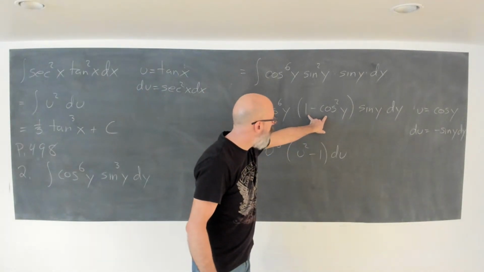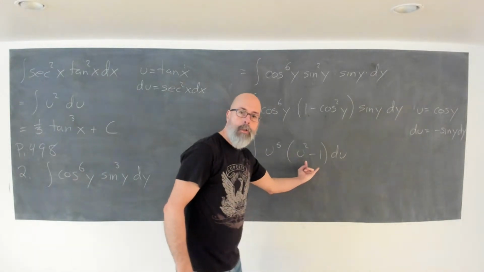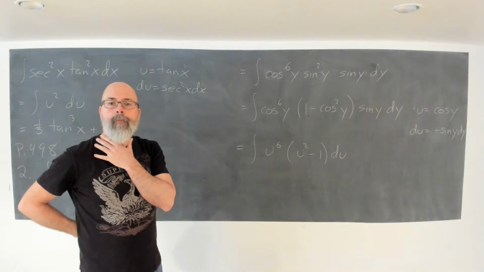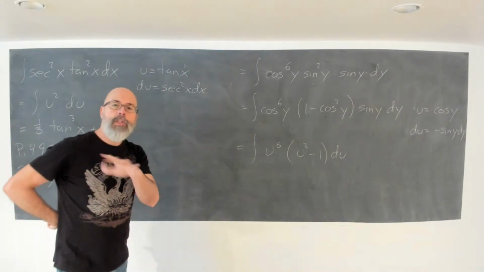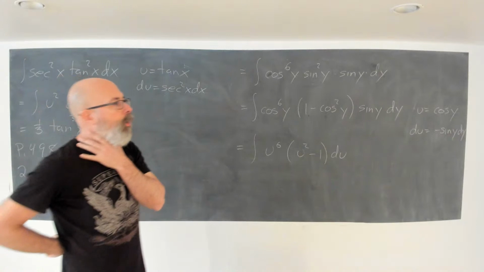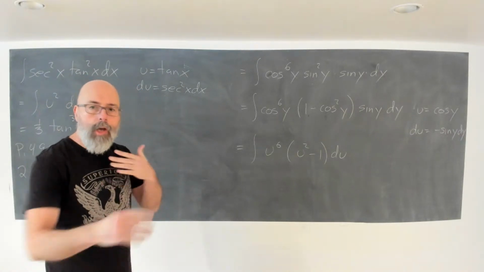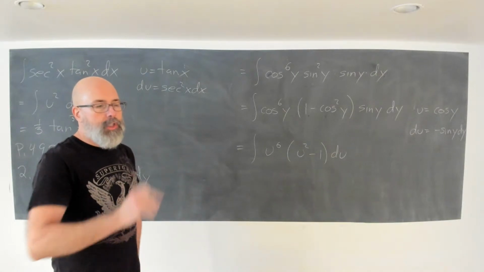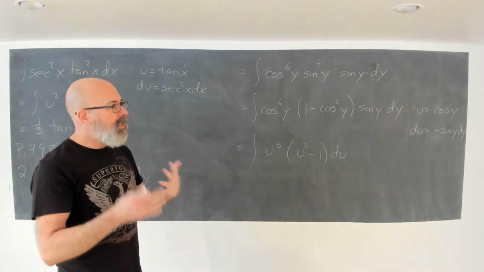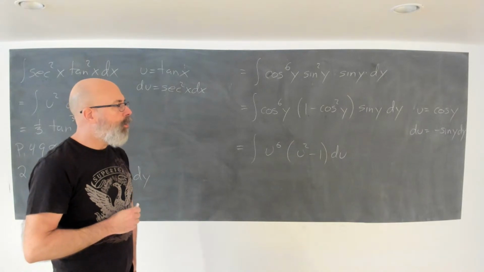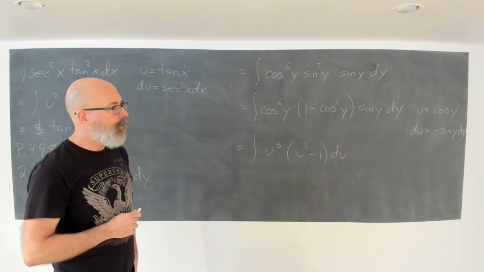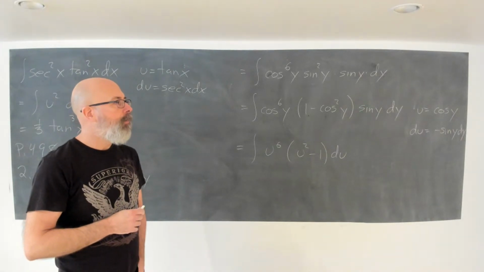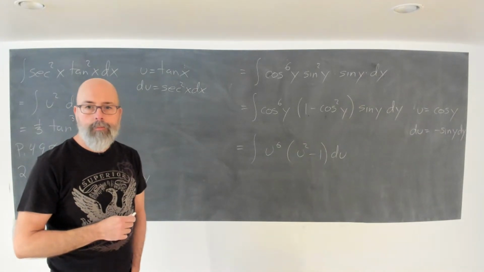It should have been 1 minus u squared, but I changed it to u squared minus 1 because of the negative. Yeah, so 264 or 263, you do it in both places. Of course, it's not referred to as implicit integration, but that's kind of what's happening.